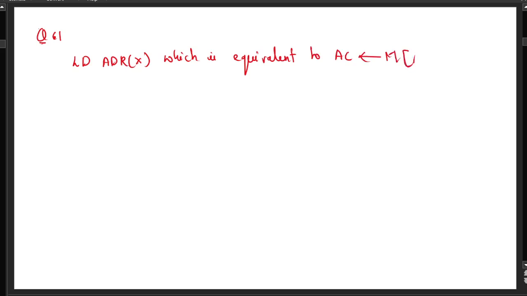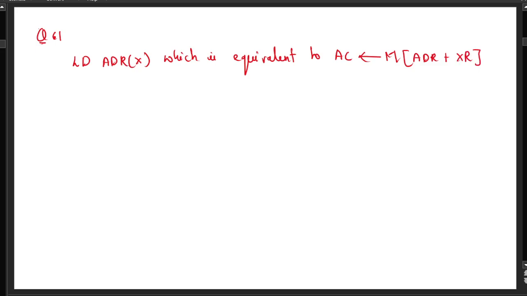Now the instruction is given as LD ADR of X, which is equivalent to AC copying M[ADR plus XR], which is using index addressing mode.